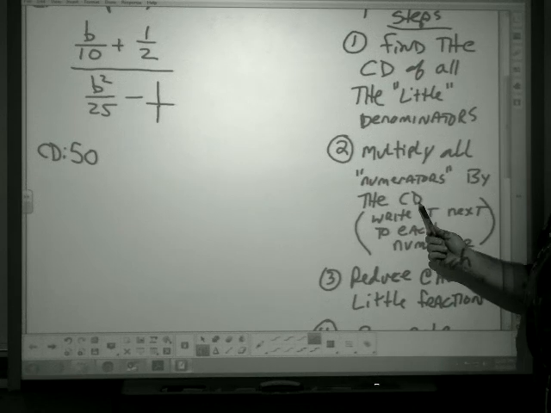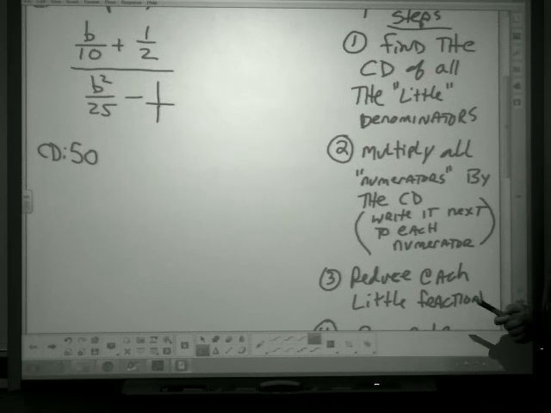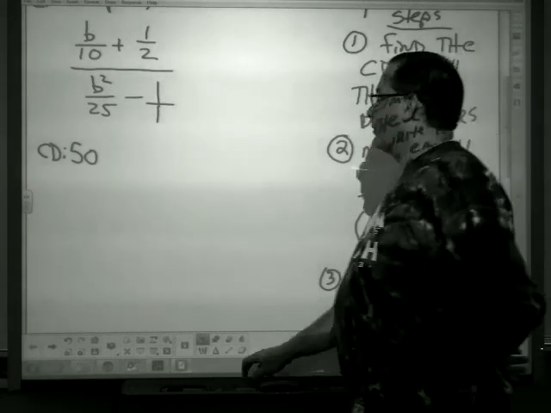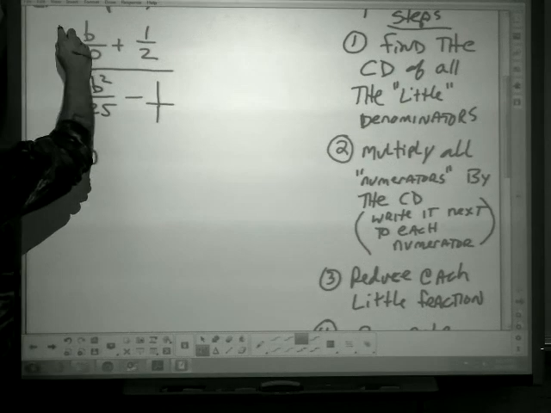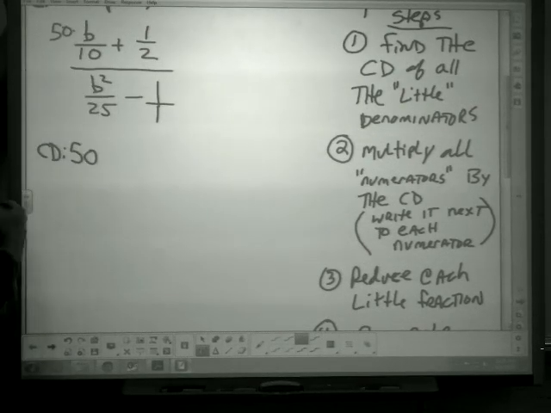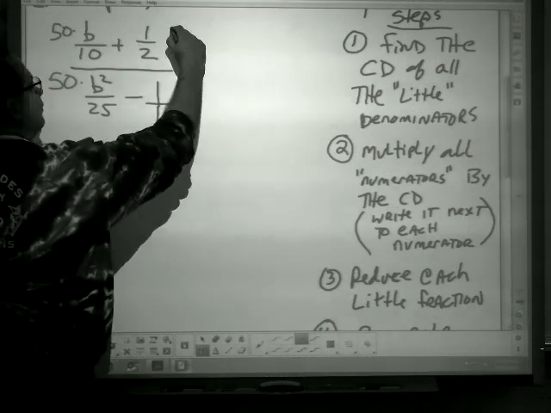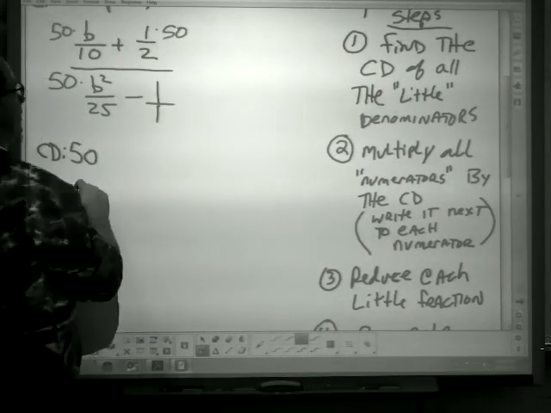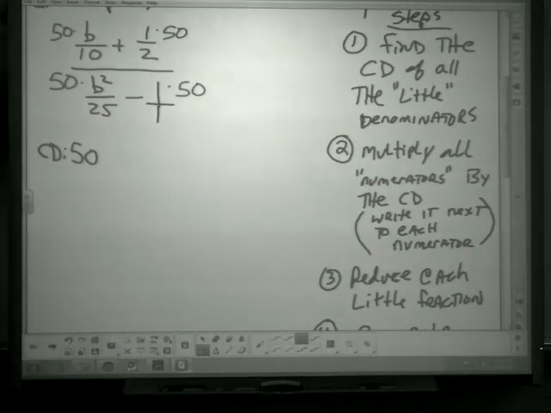We actually don't multiply yet. We just write it next to each numerator. So I'm going to take the number 50 and write that number 50 next to each numerator. So I'm going to go 50 times that, 50 times that one, 50 times that, 50 times that. Next to each numerator.